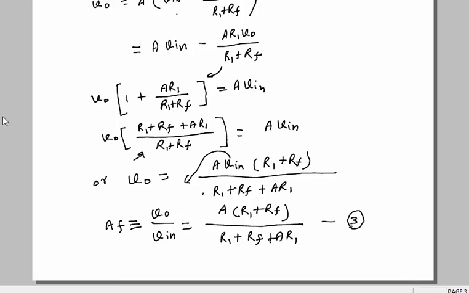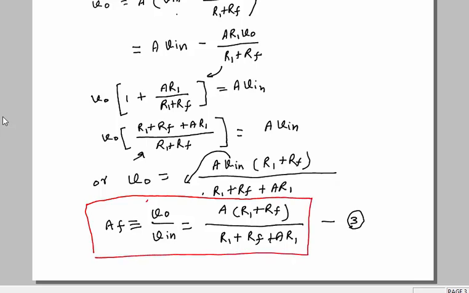This is the gain with feedback, or the closed loop gain of a voltage series amplifier. Here we have not done any approximation, so this is the exact value. For a few places I will be writing which is exact, which is ideal, and which is approximated. So this is the exact value.